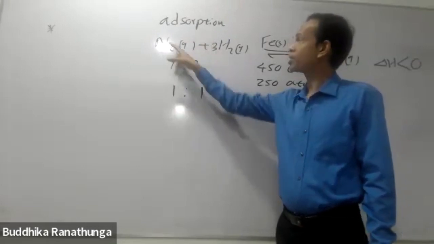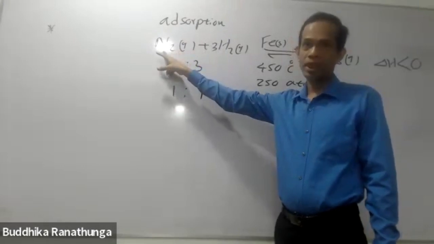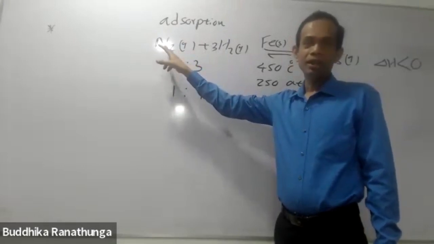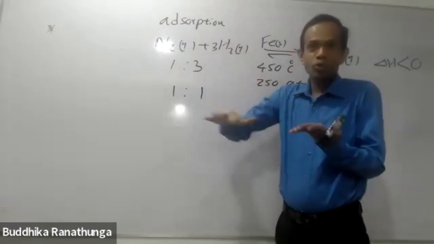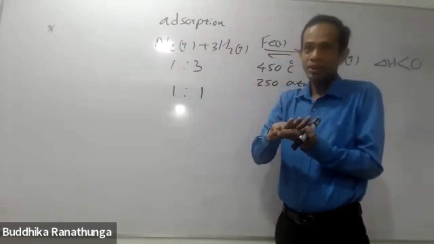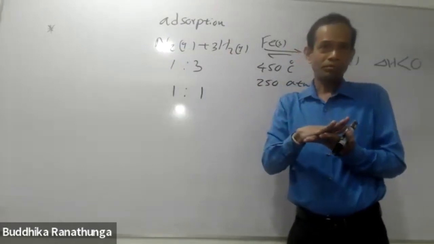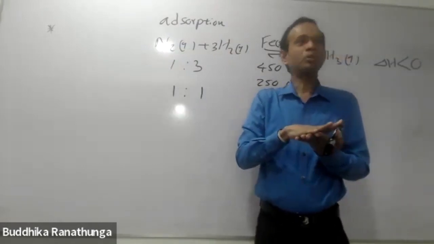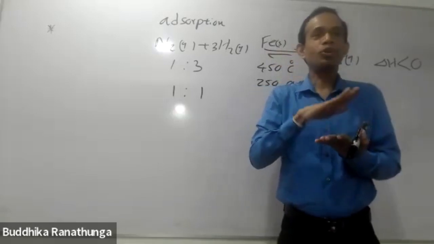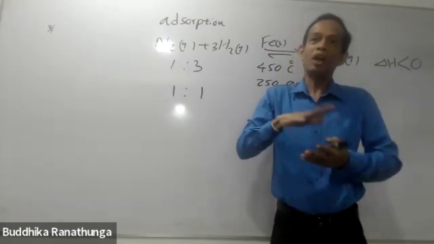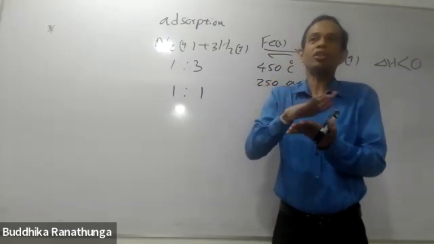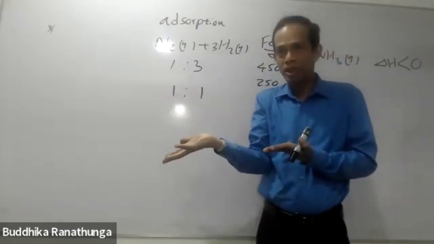That means you have excess nitrogen. Then the nitrogen will adsorb onto the surface more than what is needed. That means you can't get the maximum use of the catalyst. Some nitrogen is adsorbed but does not participate in the reaction.